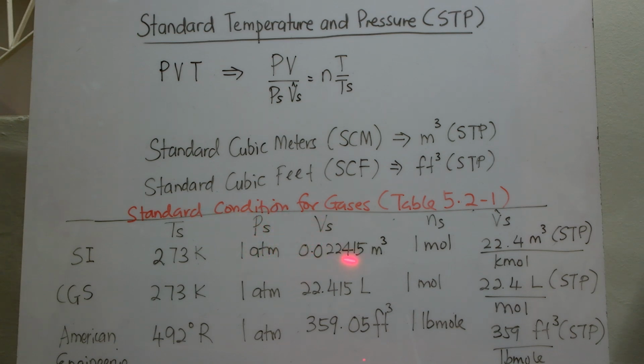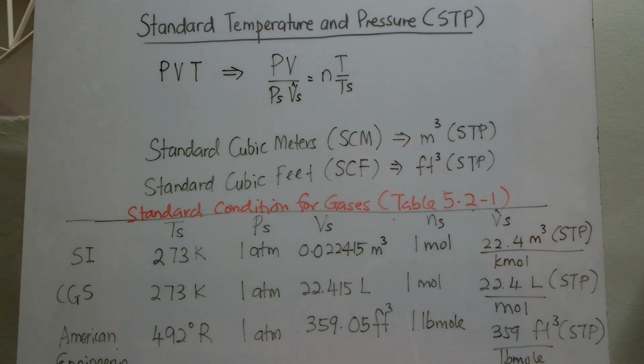For the volume and the number of moles for this standard condition, you get the specific molar volume as 22.4 meter cube per kmol STP. So this is the SCM. This is what I meant by SCM.